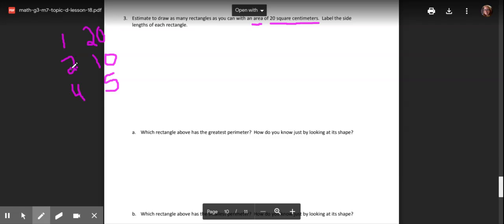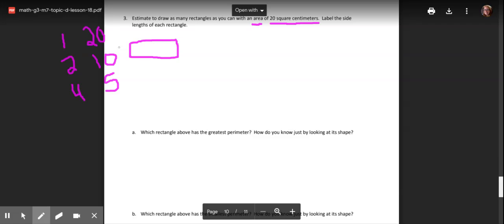So I'm going to do 2 times 10 to get 20 centimeters. That's my rectangle. I'm going to estimate. I'm going to say that this is my short side. This will be my long side. And since you're estimating, that means you're just going to draw as best as you can.